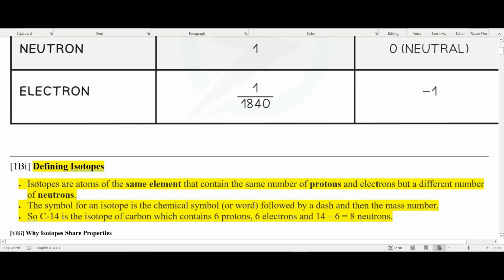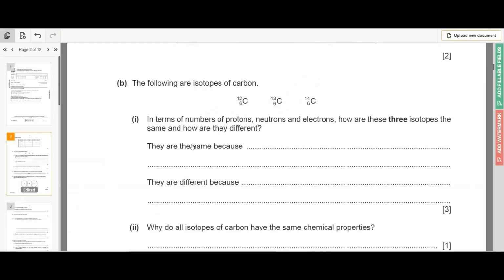So from the first point, you can deduce that they are atoms of the same element that contain the same number of protons and electrons. For the first part, they're asking what is the same, because they contain the same number of protons and electrons.